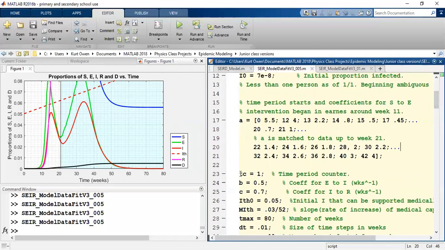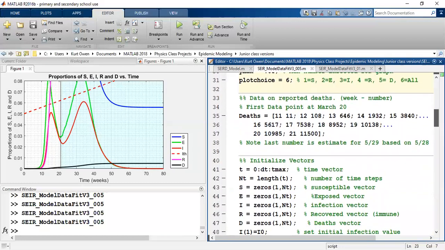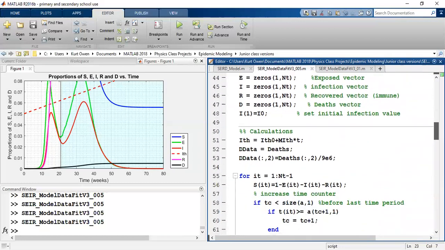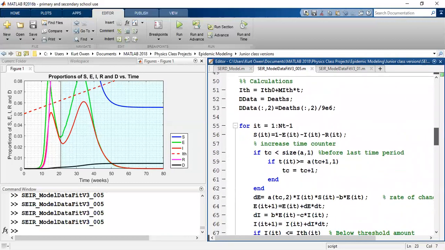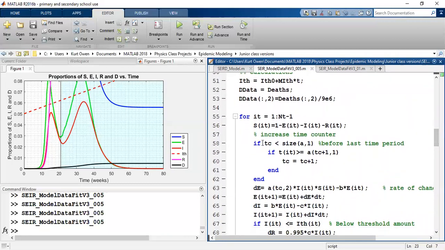Now, since I don't have specific time periods, what I actually did is I put in a counter to say which A value we're using. So we start in time period 1, but you can see further down in the code there's an if statement about the counter. If the time counter is less than, this is just saying that we're before the last time period.